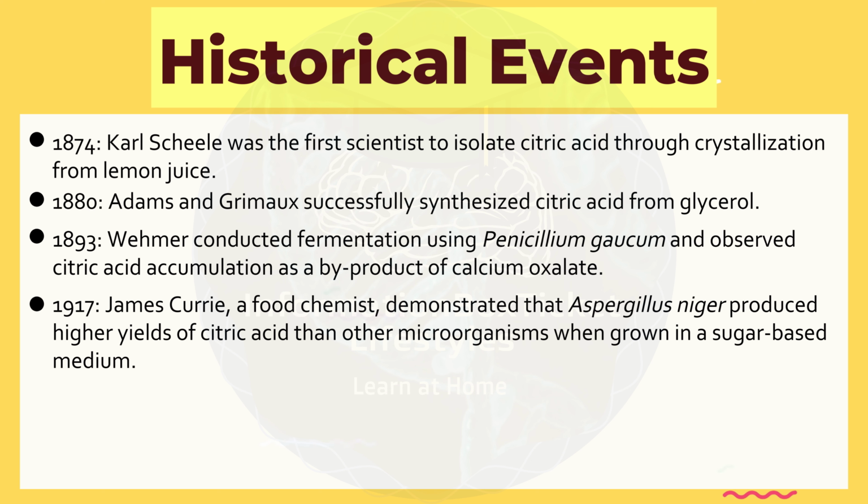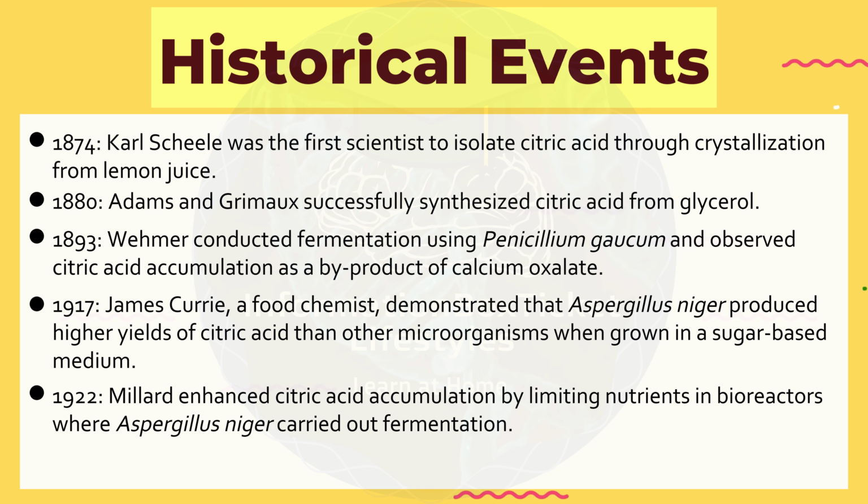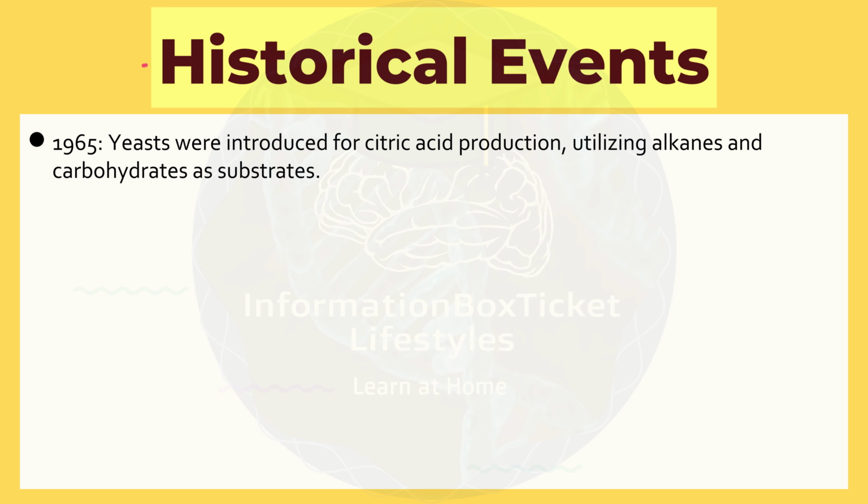1917. James Currie, a food chemist, demonstrated that Aspergillus niger produced higher yields of citric acid than other microorganisms when grown in a sugar-based medium. 1922. Millard enhanced citric acid accumulation by limiting nutrients in bioreactors where Aspergillus niger carried out fermentation. 1965.